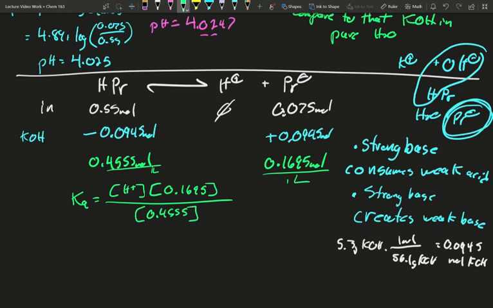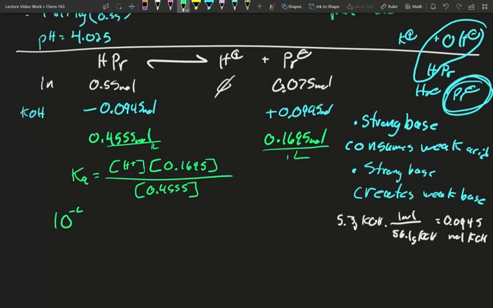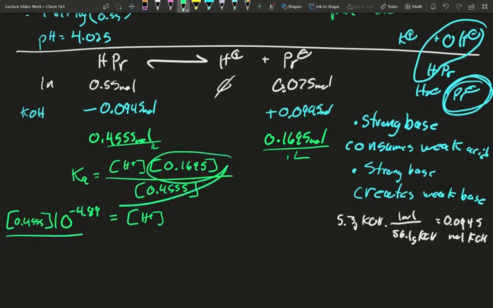Our Ka, 10 to the minus 4.89, must equal that. We're going to multiply that acid up, so we'll have 0.4555 up with the Ka. We have to divide the base down to get it to the other side, 0.1695 beneath. So we've reorganized to solve for the H+.